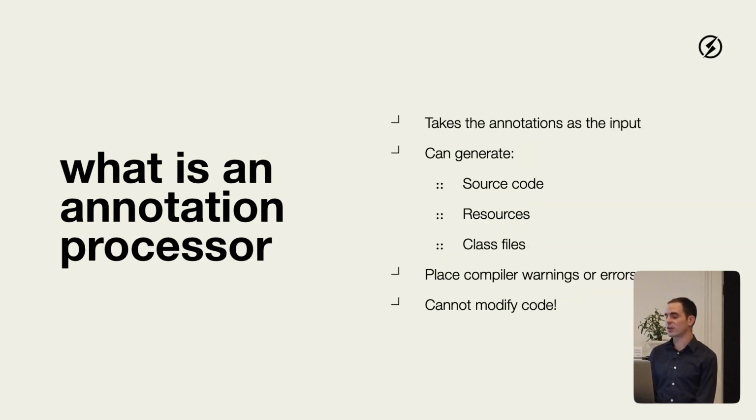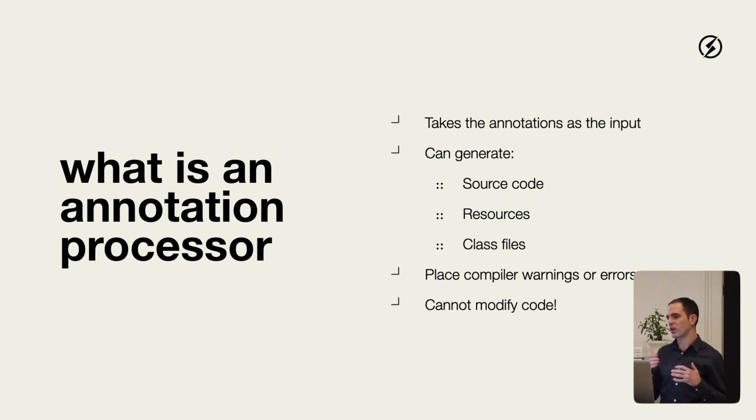So if we know what annotations are, then we can finally talk about annotation processors. This obviously takes the annotations as the input and can generate source code, auxiliary resources, or bytecode Java class files. And those can not just generate code but also place compiler warnings or errors.